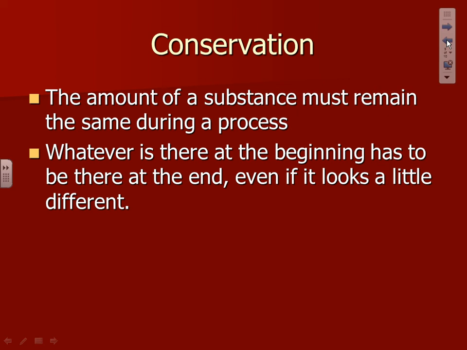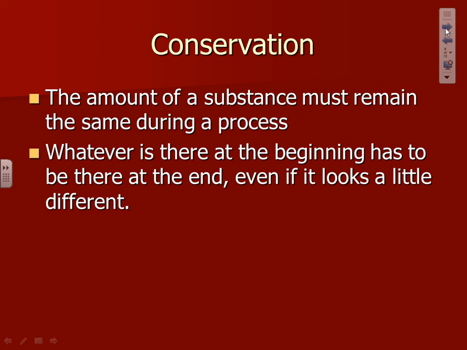Mark, go ahead. Conservation of mass and energy, right? Mass and energy are two conserved quantities. And that means that whatever is there at the beginning has to be there at the end. It might look a little different, but all the mass we start with has to be there at the end. All of the energy we start with has to be there at the end, right? That's the idea of conservation.